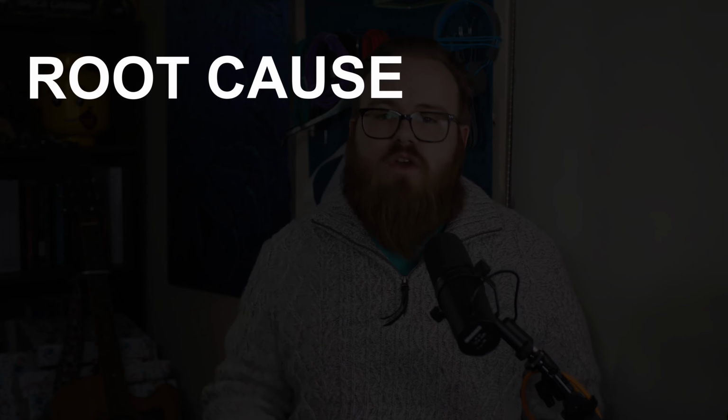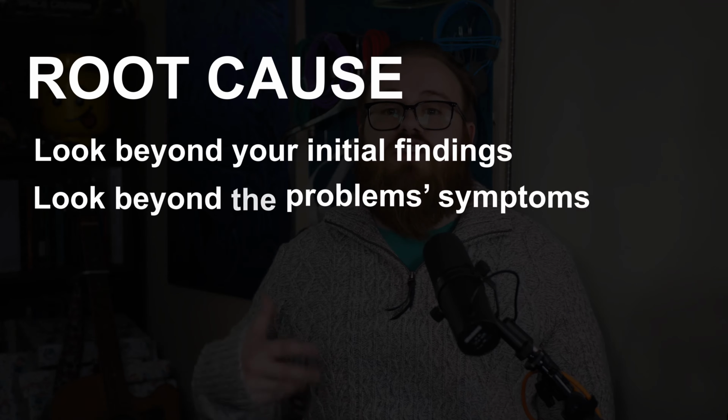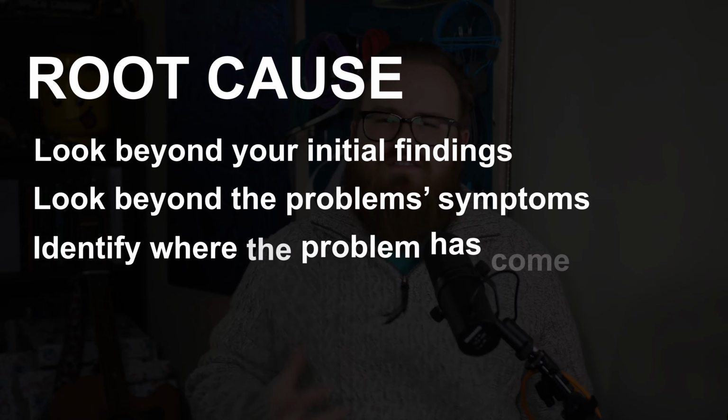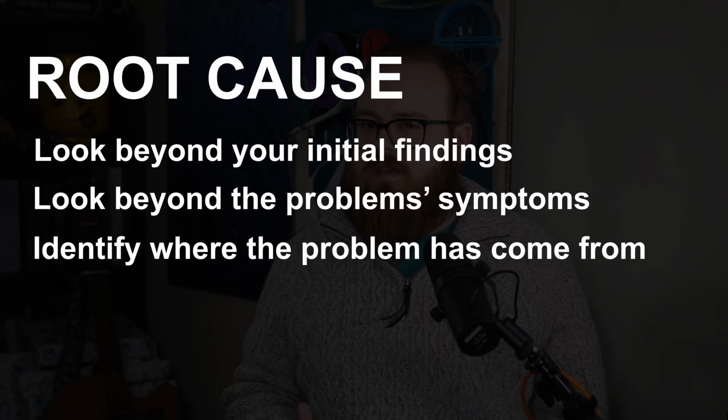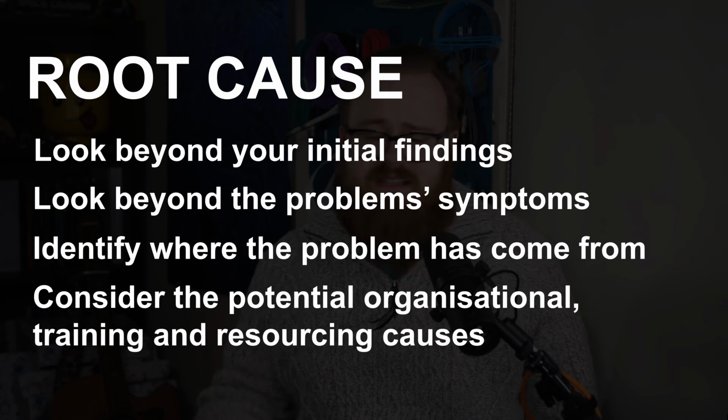The next obvious step is to consider the root cause of this blockage. This means looking beyond what your initial research has said, looking beyond even what the users have told you the problem is, and really diving into where has this problem come from? Is there an organizational issue? Is there a training issue?